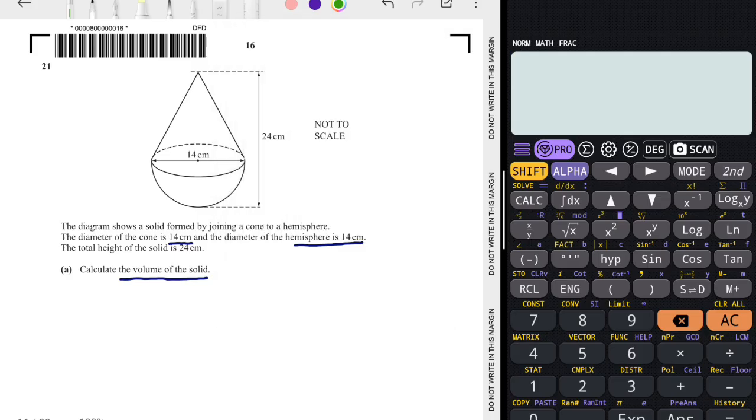If you see the height of cone is this much, the radius is 7 and the radius and height of hemisphere is always same, so its height would be 7 also, and the height of cone would be 24 minus 7, so this would be 17.